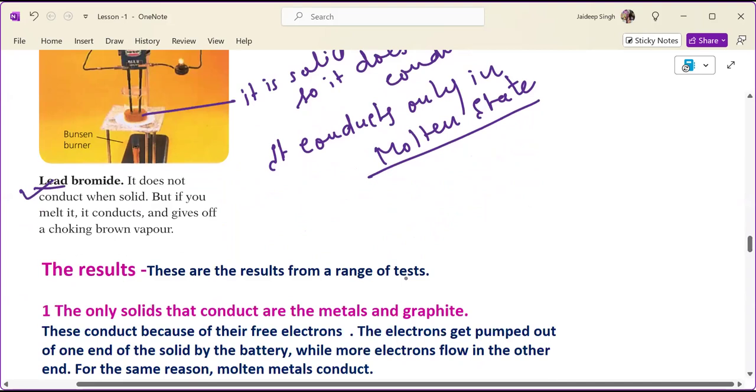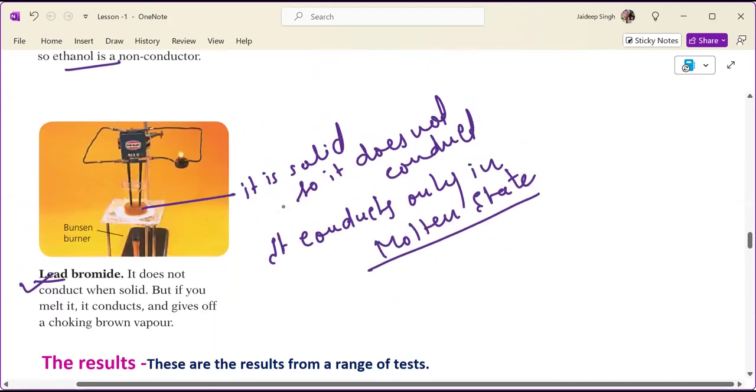So it conducts in the molten state. Here is lead bromide taken in the beaker.